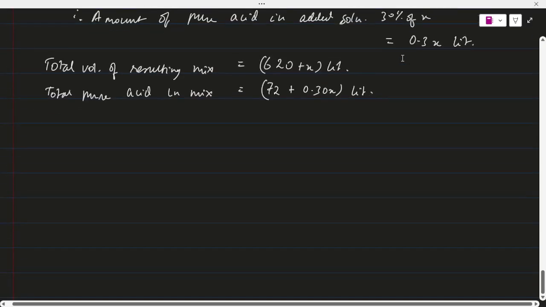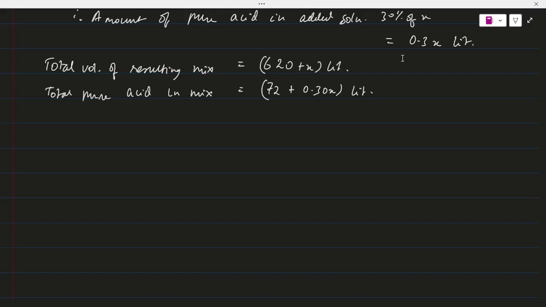Now we need an inequality to formulate the compound based on the constraints. So it's saying 15% of (600 plus X) is less than the total acid, which is less than 18% of (600 plus X). So if we solve this inequality, we'll be getting the answer.